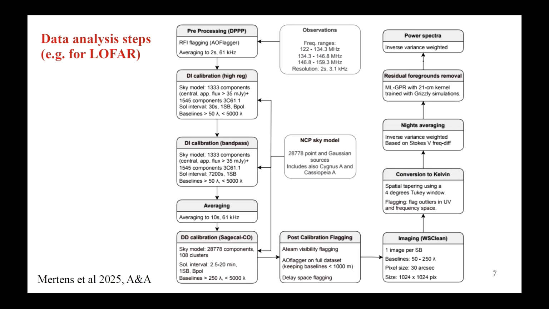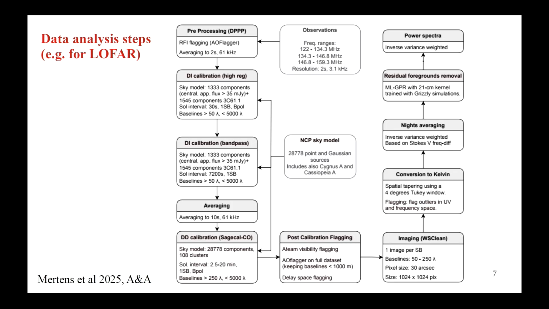Now they remove the RFIs, they do calibrations, prepare a sky model to mitigate the point sources and extended radio sources from their data, do some averaging, then they subtract the diffuse foreground part by applying a GPR based method and recover the signal plus noise and prepare the power spectrum of this signal.